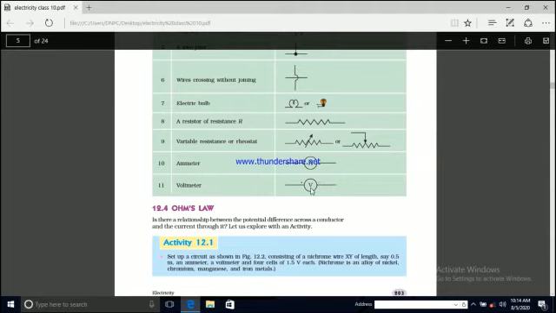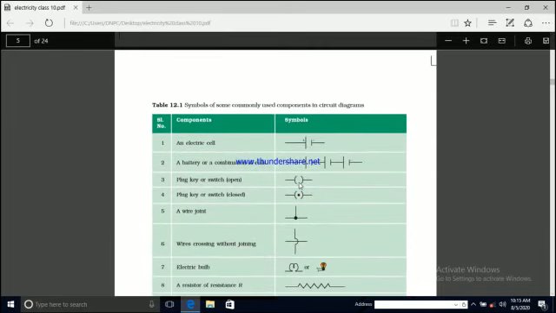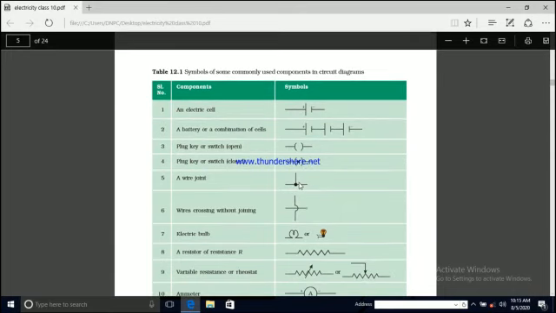While connecting a voltmeter in the circuit, make sure that the lead with the positive symbol is always connected with the positive terminal of the battery, and the negative one with the negative terminal. So these are some of the major components that we commonly use while drawing circuit diagrams. So I hope you understood.